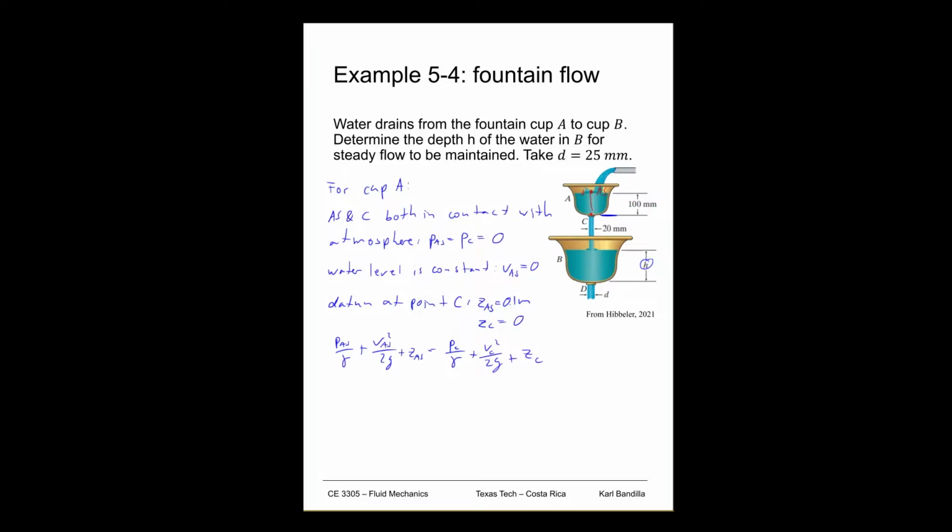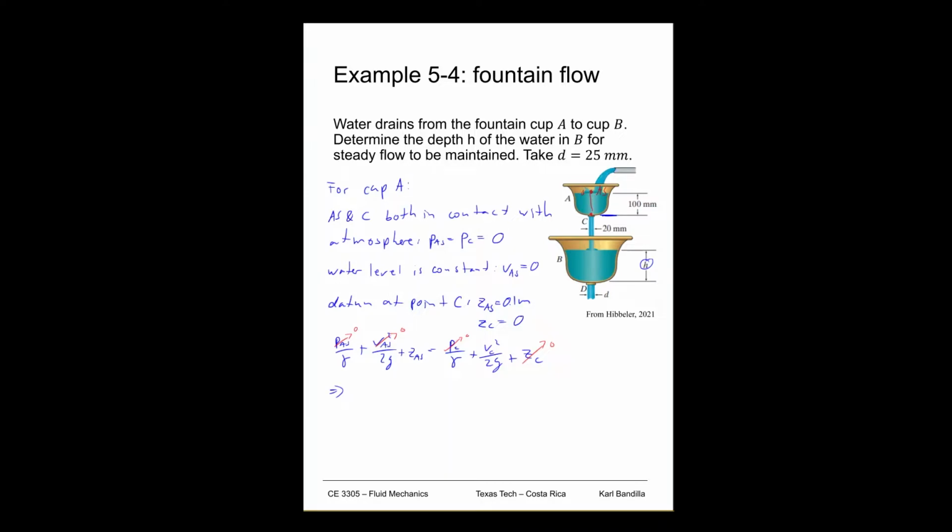Now let's see, what do we have? We said ZC is equal to 0. We said PC is equal to 0. We said we know what ZAS is, and we said PAS is equal to 0. And then we also said that VAS was equal to 0. So all we're left with is VC and ZAS. And ZAS we know, so we can solve for VC.